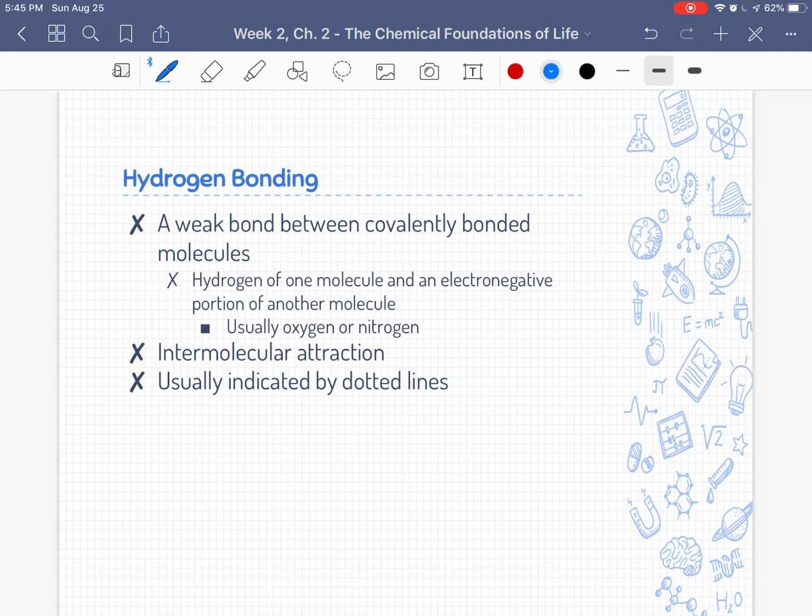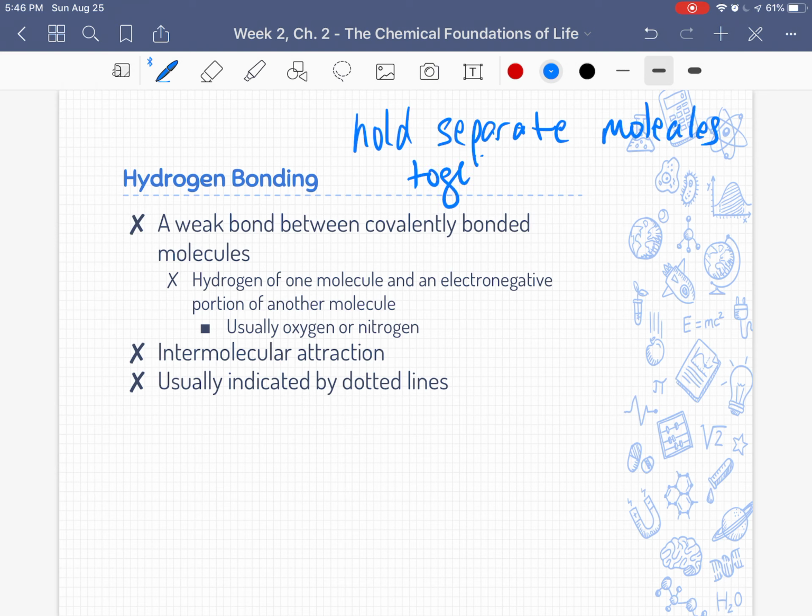All right. Our last type of bond that we're going to talk about is hydrogen bonding. Hydrogen bonding is not bonding to build molecules. Hydrogen bonding holds separate molecules together. Okay? We are not building.